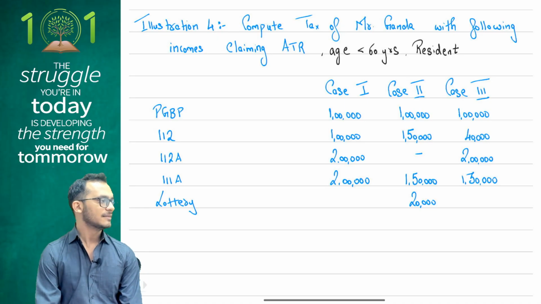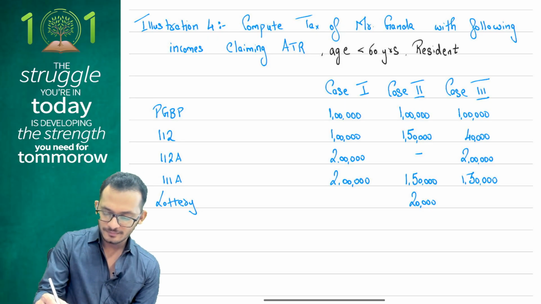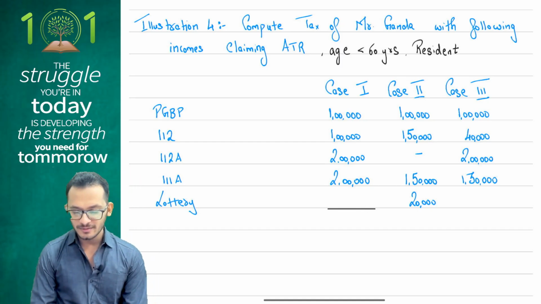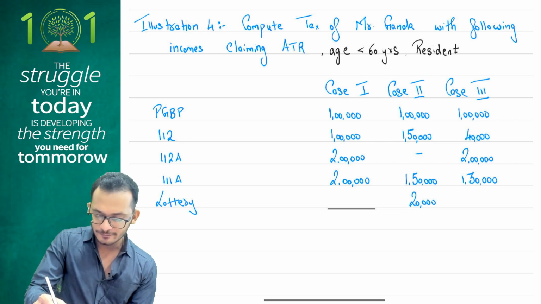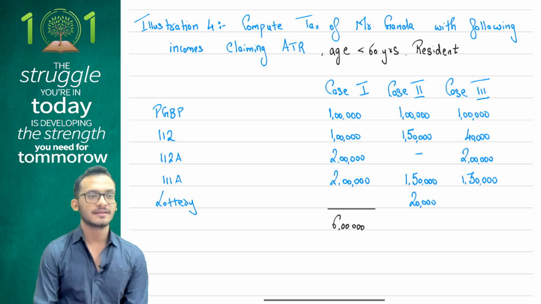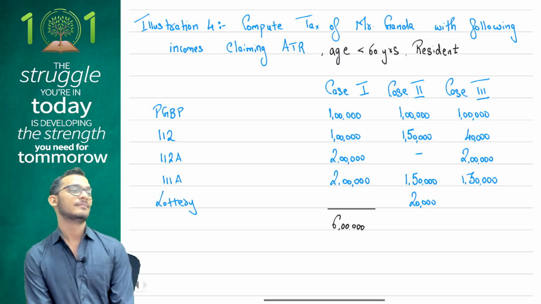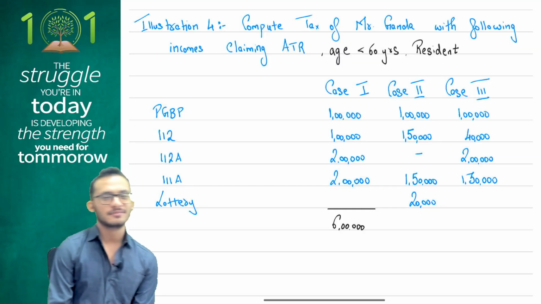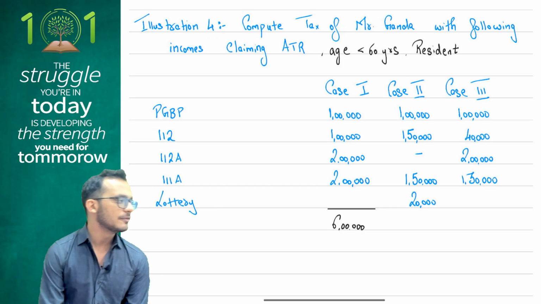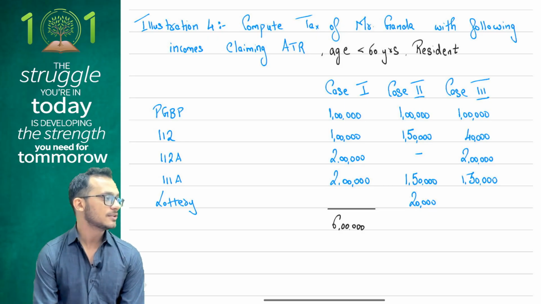Yes, people, step number 1, I always told you, always total income. Total income is 6 lakhs. With my total income being 6 lakhs, one thing is clear, I am middle class. With my income being middle class, step number 2, I told you, we always check special and normals.